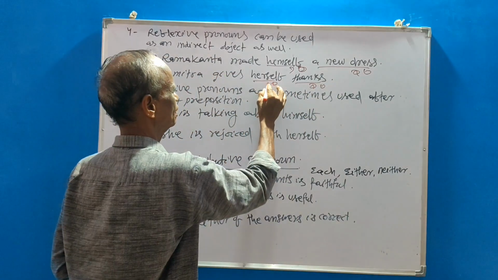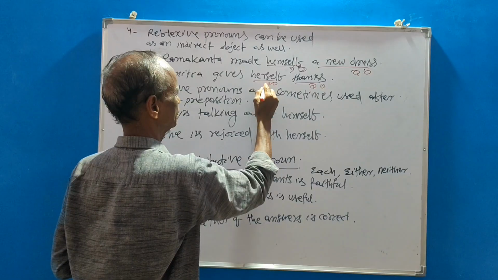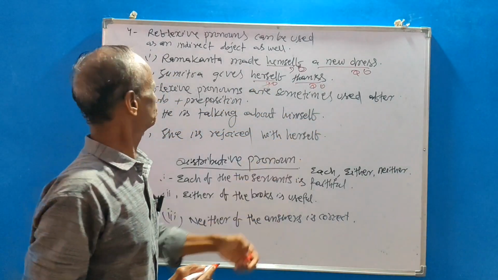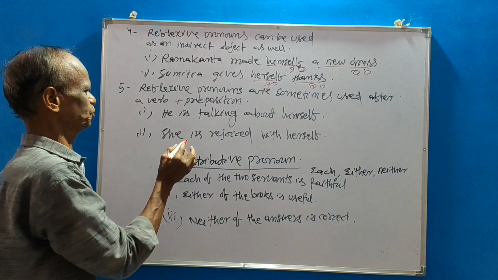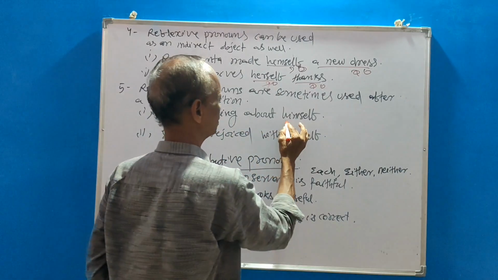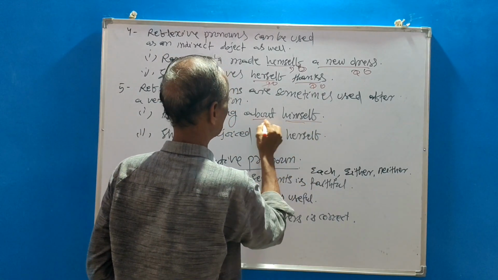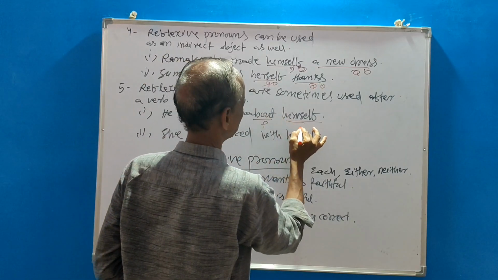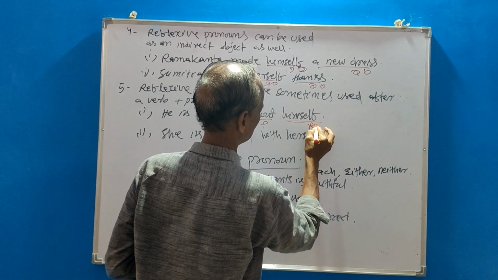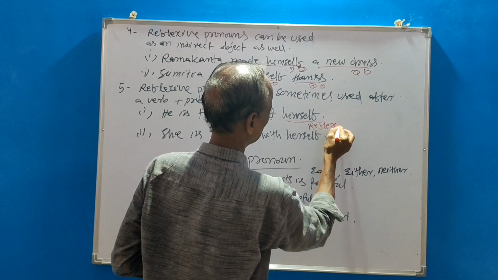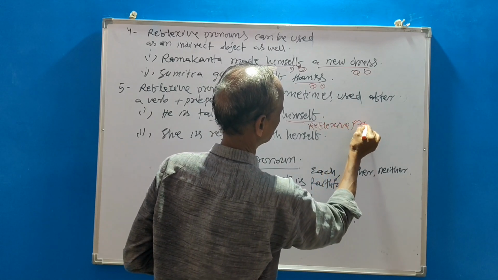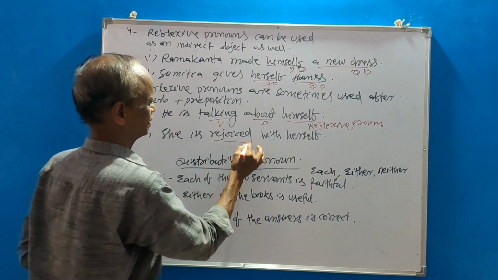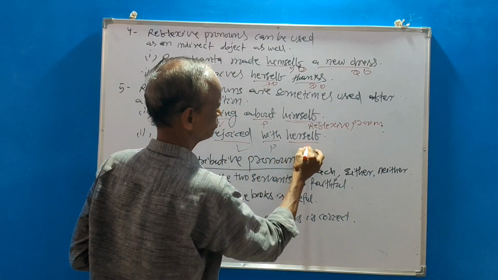Next, reflexive pronouns are sometimes used after a verb plus preposition. He is talking about himself. Verb, preposition, reflexive pronoun. She rejected herself: verb, preposition, pronoun.